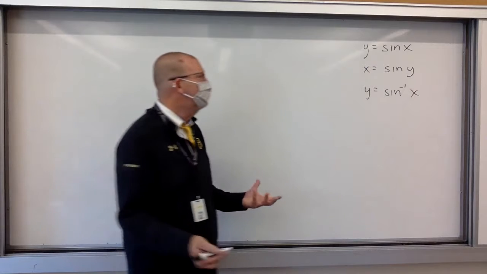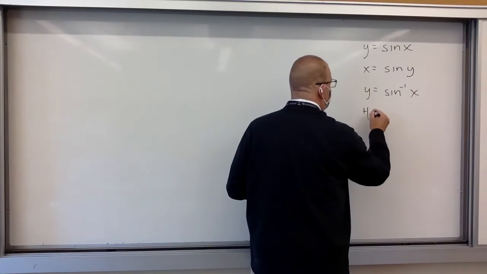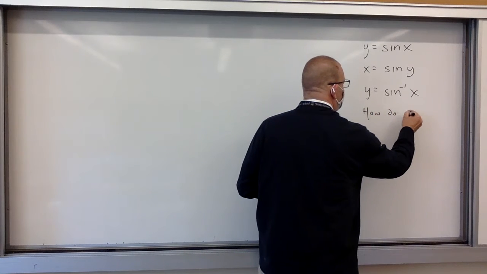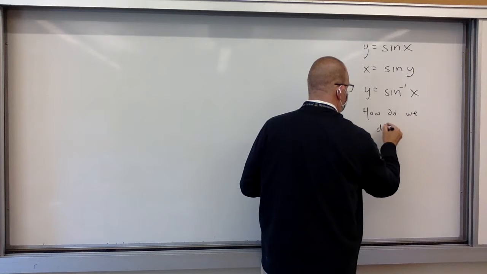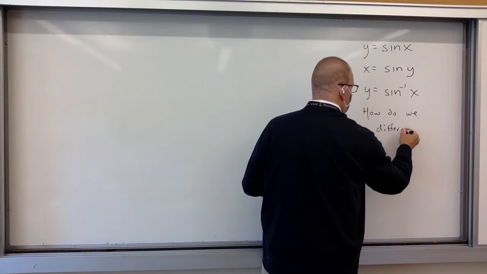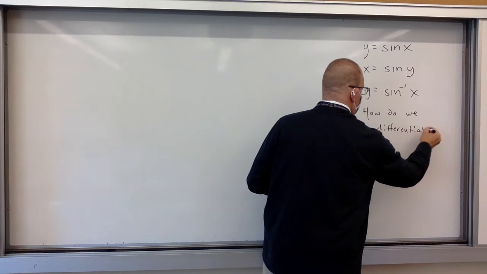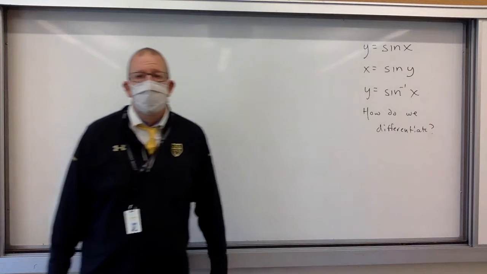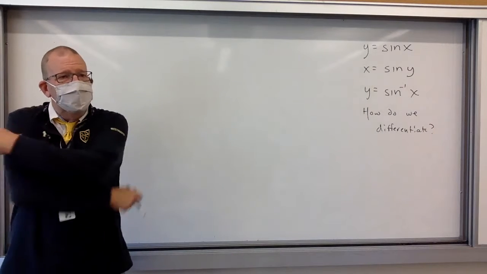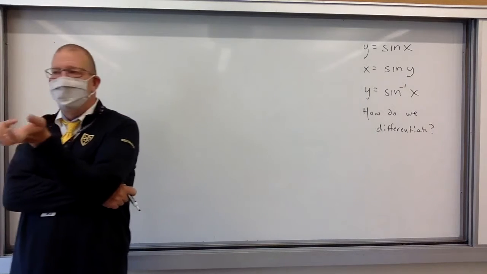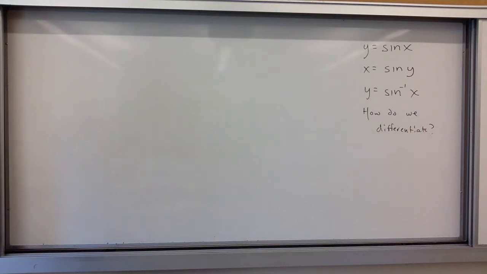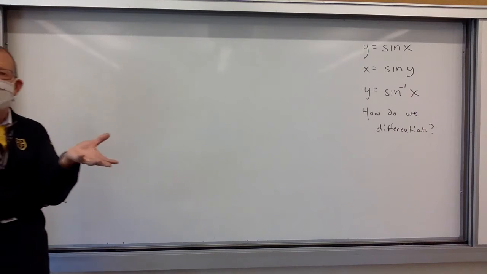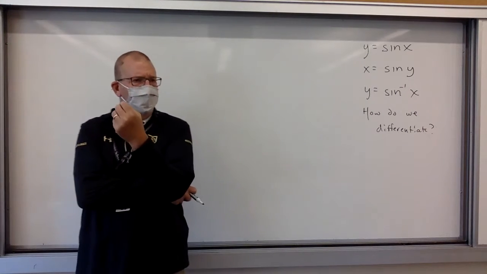And so the question becomes, how do we differentiate? Okay? And it's actually a clever little use of the Pythagorean theorem here that's going to help us. And some books show this proof and some don't. I'm not sure if yours does.